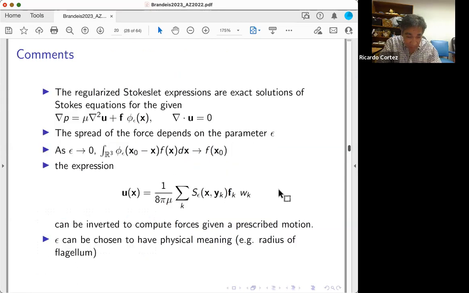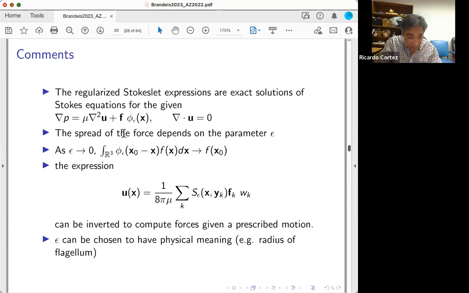And so here are some further comments about this. These are exact solutions for this particular type of forcing. So there's no approximation really. It's just the model of the force that is different.